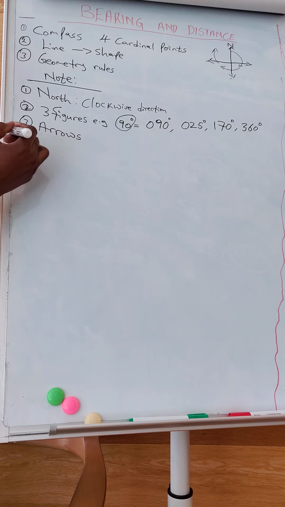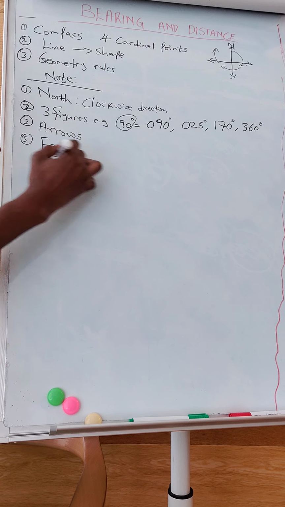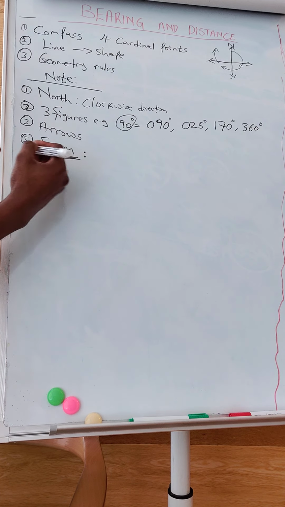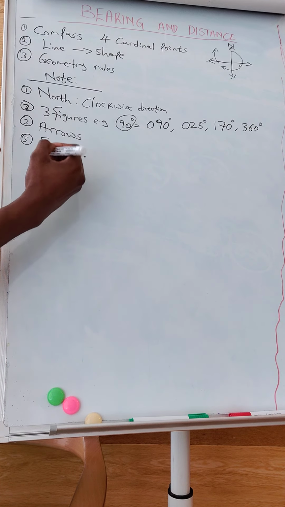Another thing you have to take note of under bearing and distance is this simple terminology. Please take note of this. We'll still talk about it in a subsequent video. From means where you have to start. That is, you have to start from this point.